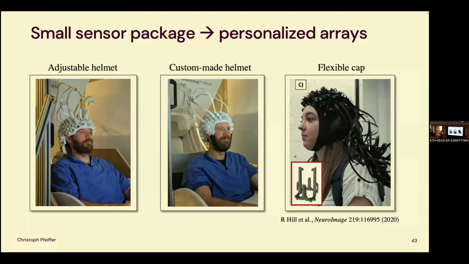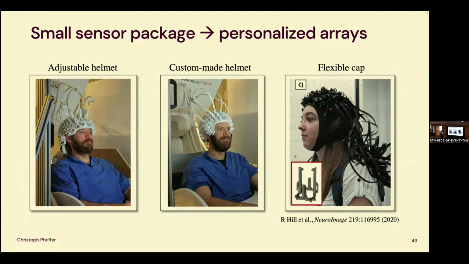Of course, the cap is the easiest and simplest to set up, but then you have much more uncertainties about the exact position and orientation. And in a custom-made helmet, for example, you have very good knowledge of the position and orientation, but you need to make a helmet for each person. So that takes a lot of time and effort. So adjustable is then somewhere in between.